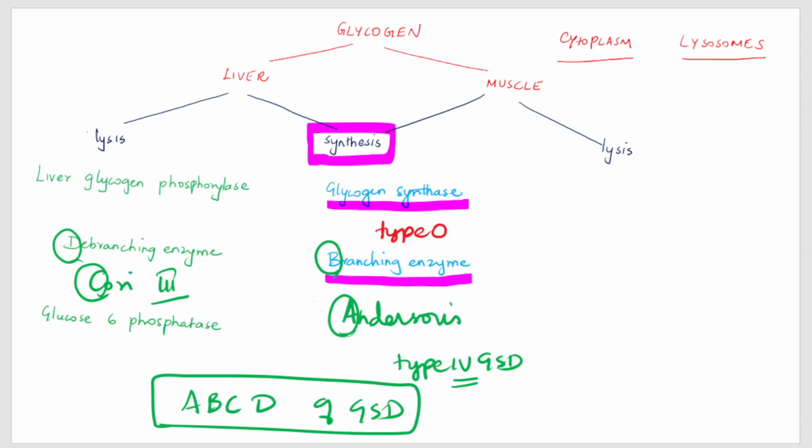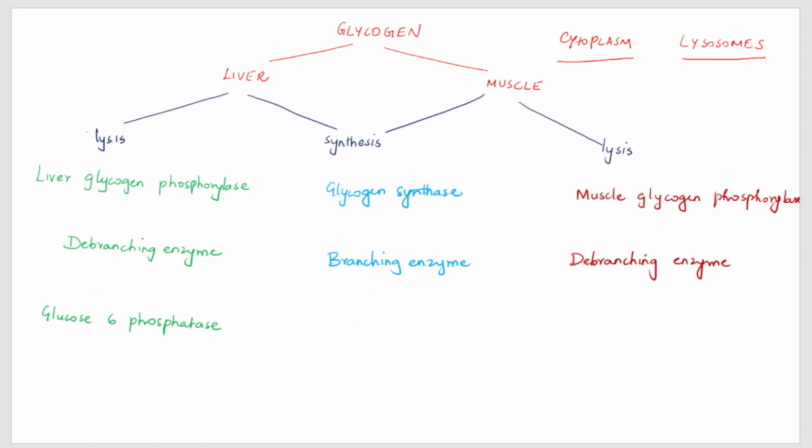Now let's look into the next set of enzymes. Glycogenolysis or glycogen breakdown happening in the muscle, what are the enzymes involved in it? It is muscle glycogen phosphorylase. In liver we had seen liver glycogen phosphorylase; in muscle it is muscle glycogen phosphorylase.